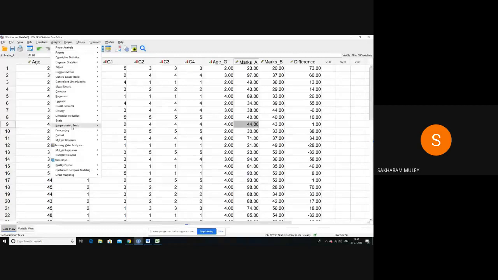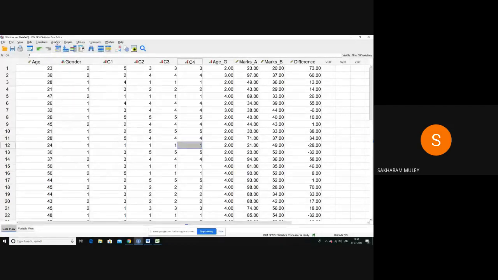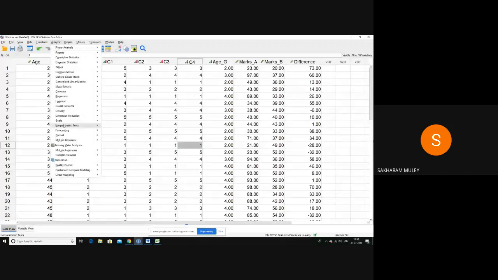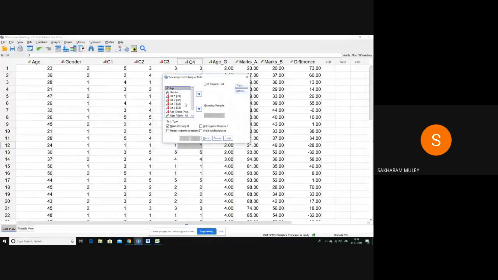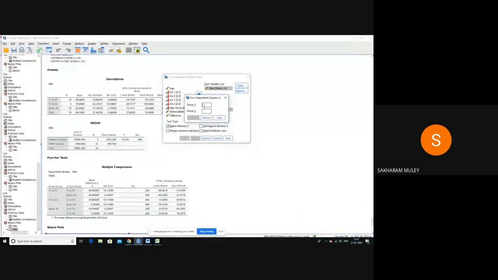For non-parametric, I go to Analyze, Nonparametric Tests, Legacy Dialogs, and then Two Independent Samples. Now I want to compare the after marks. I want to compare male and female, so here you have to define groups 1 and 2.